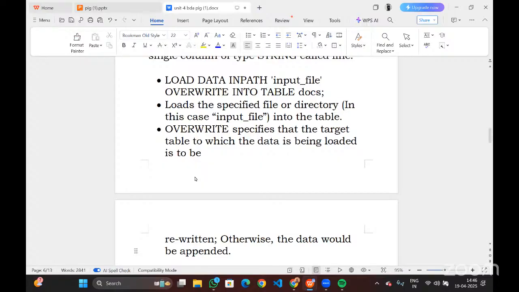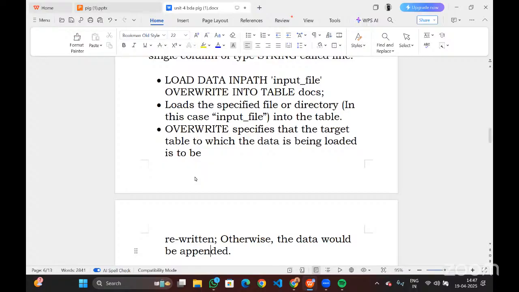Overwrite specifies that the target table to which the data is being loaded is to be rewritten. So what are you doing here? The existing table is overwritten by another file.